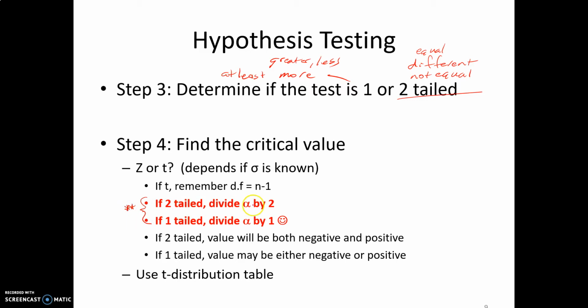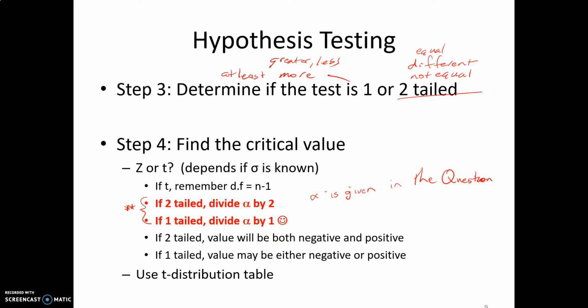For a two-tailed test, we have to divide alpha by 2. Alpha is always given in the question. If it's a one-tailed test, we can leave it.